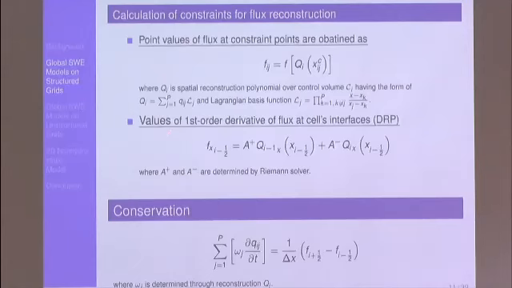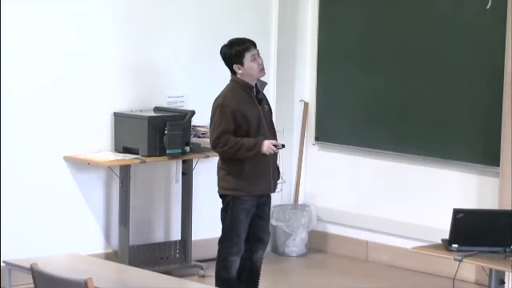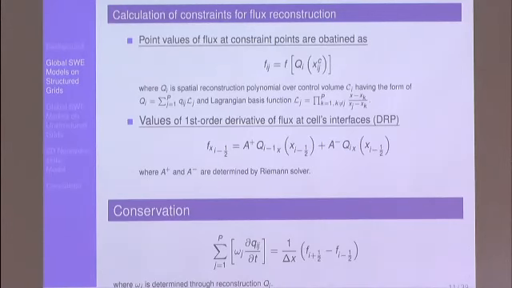And the second one, the value of the first order derivative of flux at interfaces, is usually determined by solving a derivative Riemann problem, like this formulation, the derivative of flux at the left interface of the cell C_i. And here is the reconstruction polynomial for unknowns, and subscript i minus 1 denotes the left cell, and i denotes the right cell, and A plus and A minus are determined by the approximate Riemann solver you choose in your scheme.